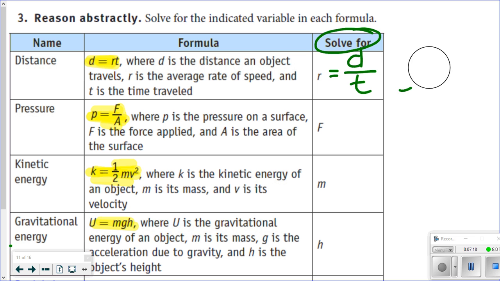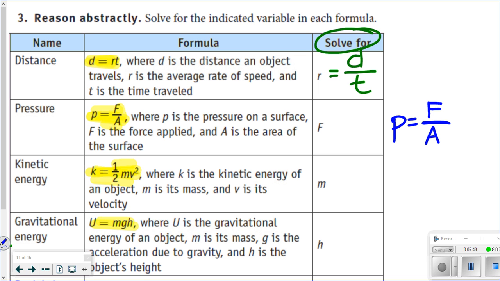The next question, P equals F divided by A. We're solving for F. So currently F is being divided by A. What's the opposite of divide? Multiply.